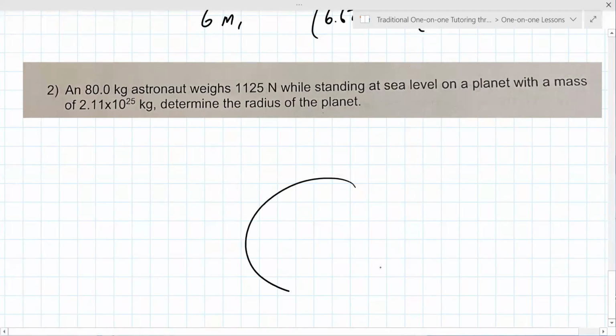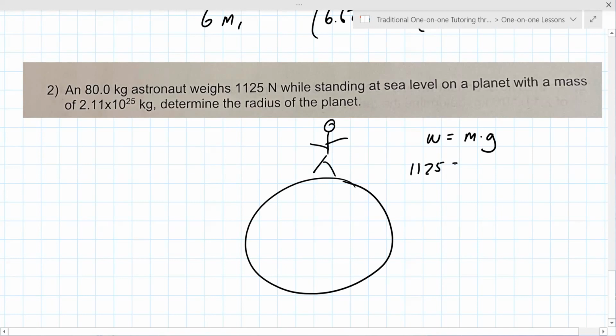So person is standing on the surface, and we know that their weight is mass times gravity. So their weight is given as 1.125, and we know that their mass is 80, but we don't know G, so we can calculate G. But they give you those 3 numbers.